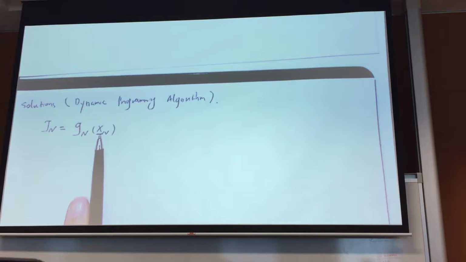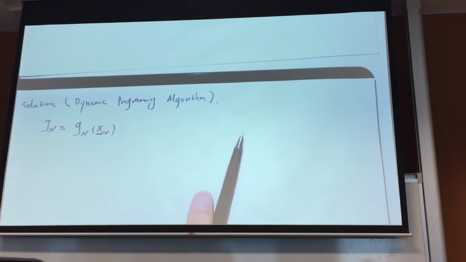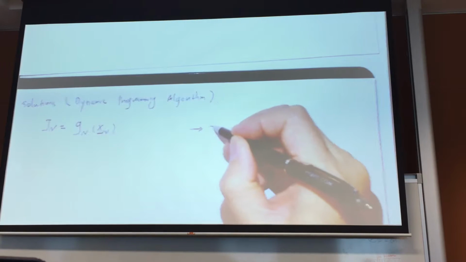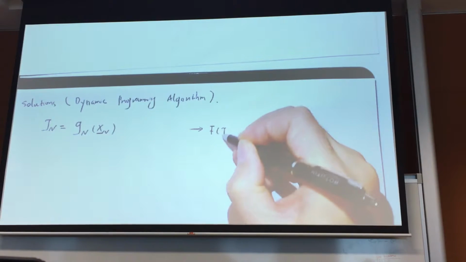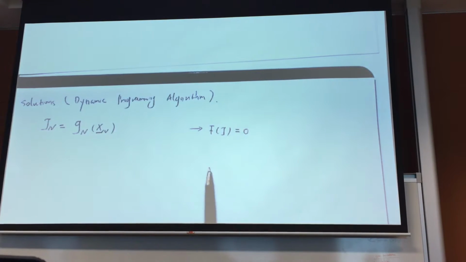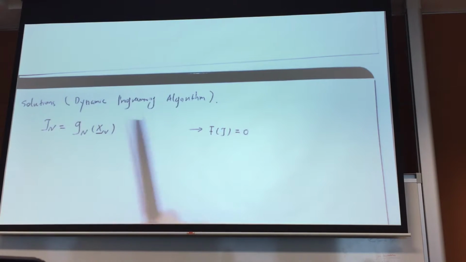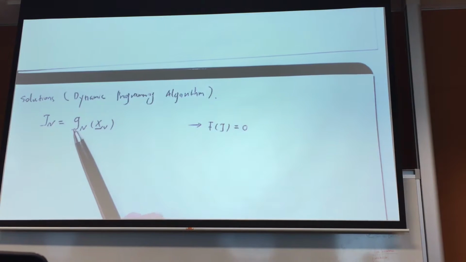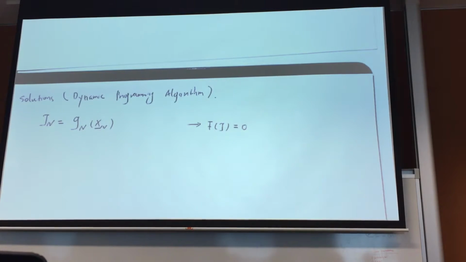So these are for the final state, corresponding to our f, fj is equal to 0. In the graph examples, these are clearly known. And in the general dynamic programming, we define this Jn equal to the final state function.